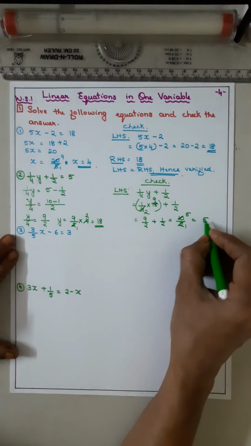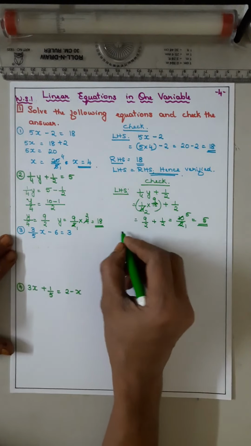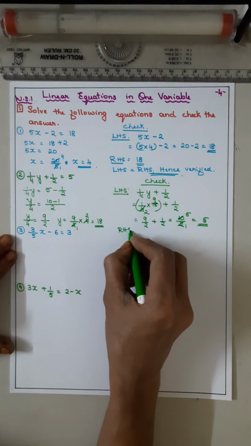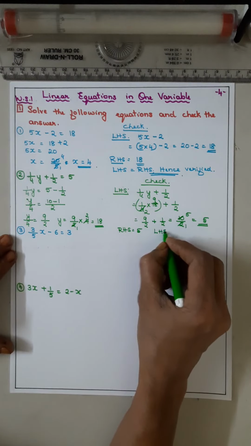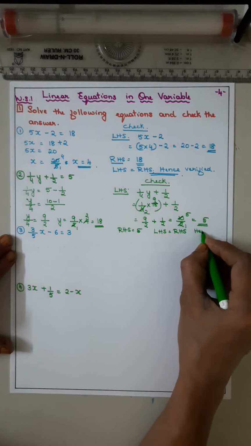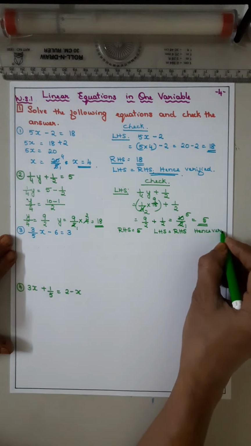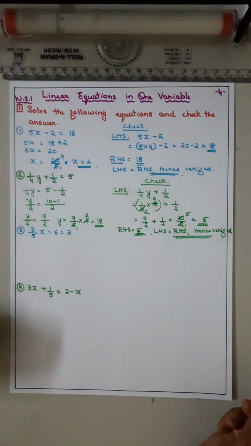So the answer is 5. So LHS you got 5. RHS already it is given as 5. So LHS is equal to RHS, hence verified. Is it clear?